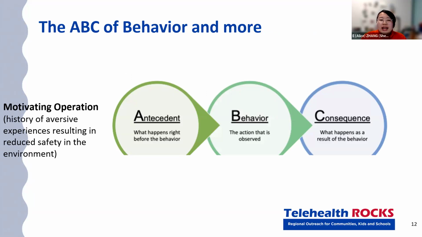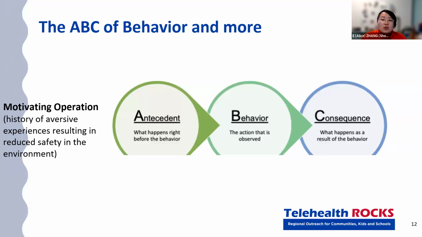So when we are talking about analyzing function of the behavior, we often use the ABC framework. I'm sure many of you have heard about it. I'm just gonna talk about it quickly here. So we have the antecedents, which is the A, and the B, which stands for behavior, and the C, which stands for consequence.